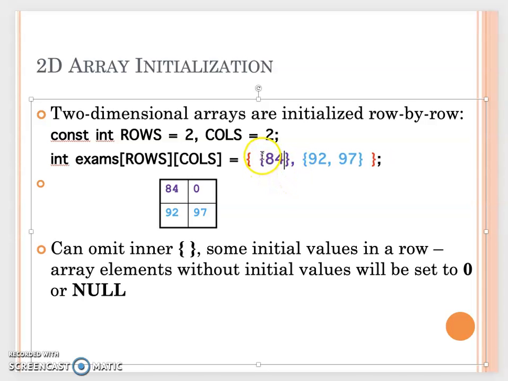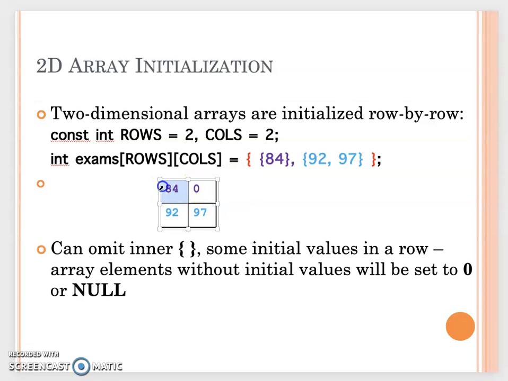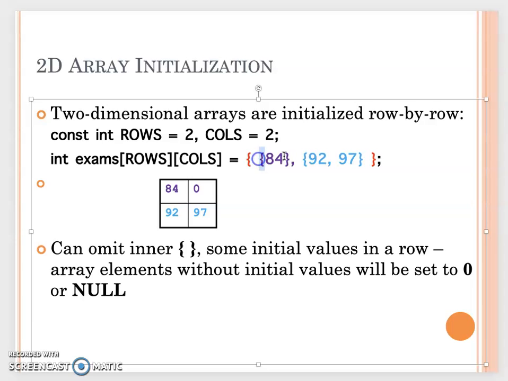If you just have curly braces with 84, they will know to fill out the value of the first array with the number 84. And remember before, if the initializer doesn't have enough values, we just fill out with 0. So that's why the inner curly braces can help you fill out the rest of the numbers with 0.